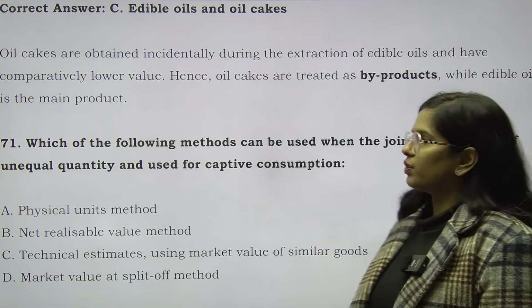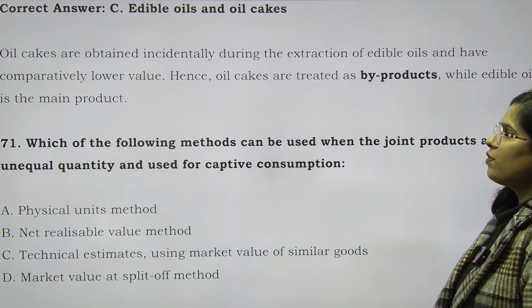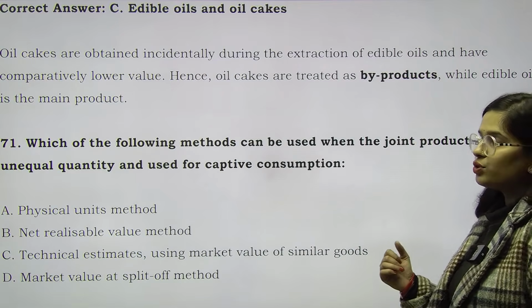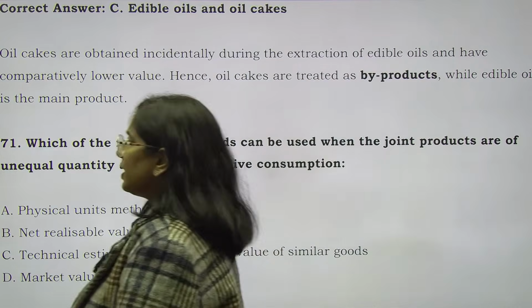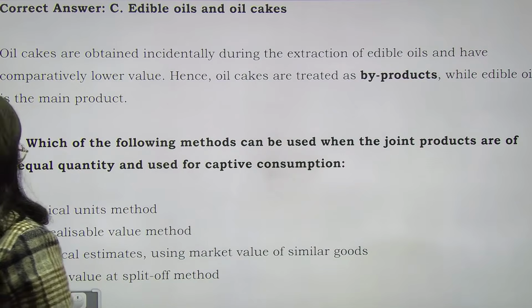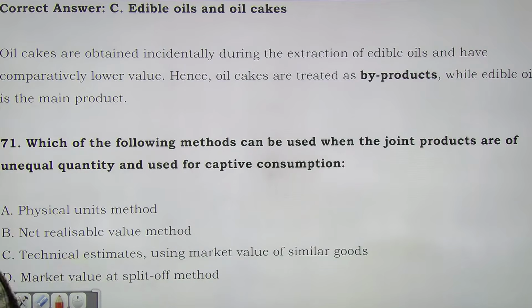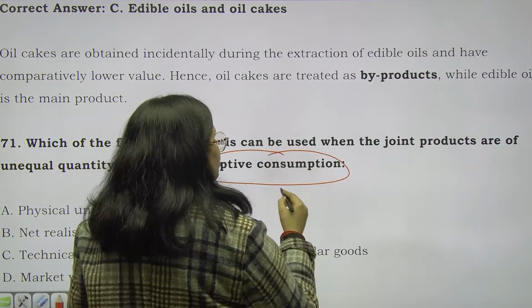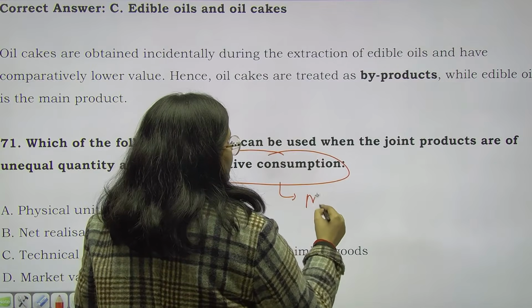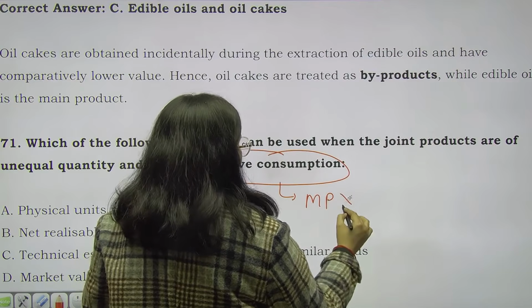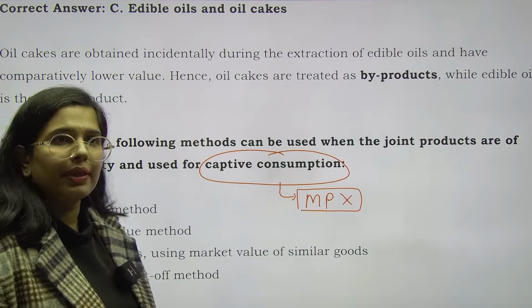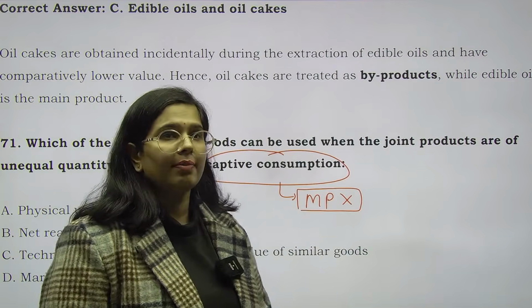Now moving forward to the first question. Which of the following methods can be used when the joint products are of unequal quantity and used for captive consumption? Whenever I say captive consumption, that means you are going to use it for your own consumption. For such products, usually the market price is not available, because you are using them internally and there might be no ready market.